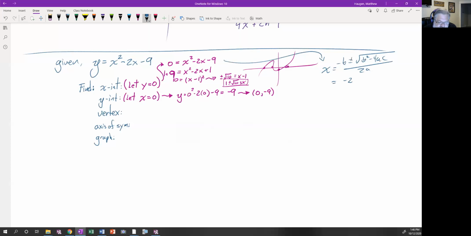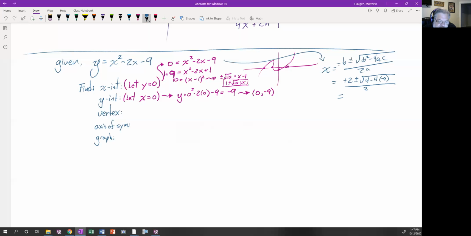But that would be -2 plus or minus the square root of b squared, which is 4, minus 4 times 1 times -9, all over 2 times 1, so 2. Is that right? Nope, that's +2.